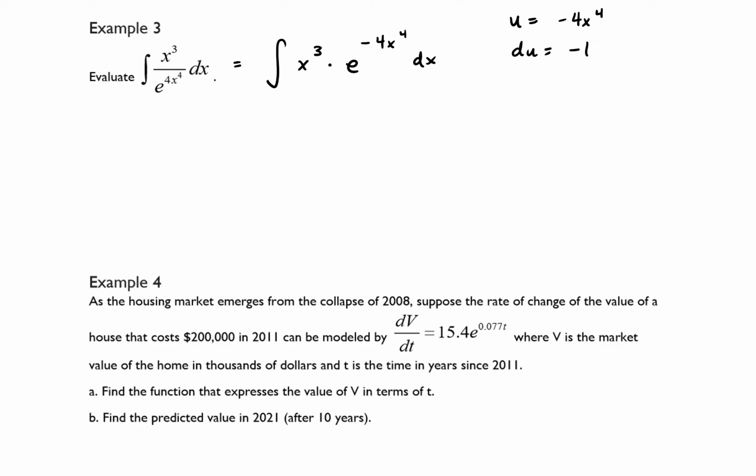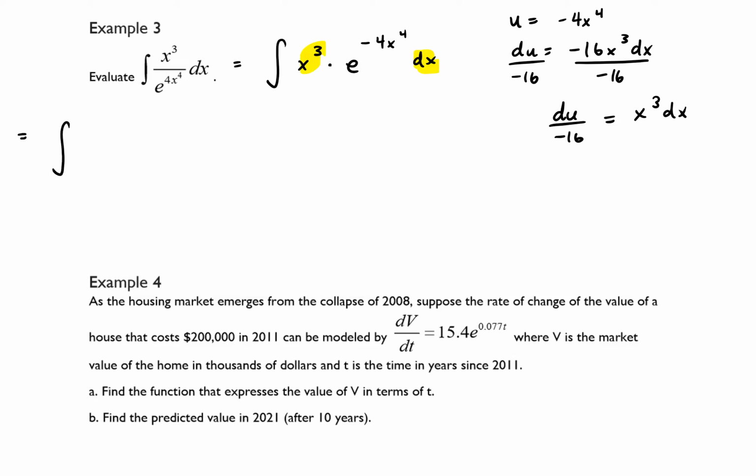Then du will equal -16x cubed dx. If I divide both sides by -16, we get that du over -16 equals x cubed dx. And notice x cubed dx is right here, so we can just make that substitution.